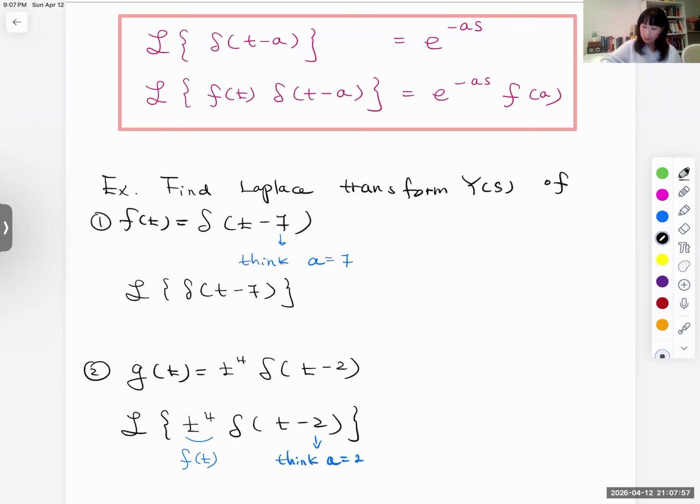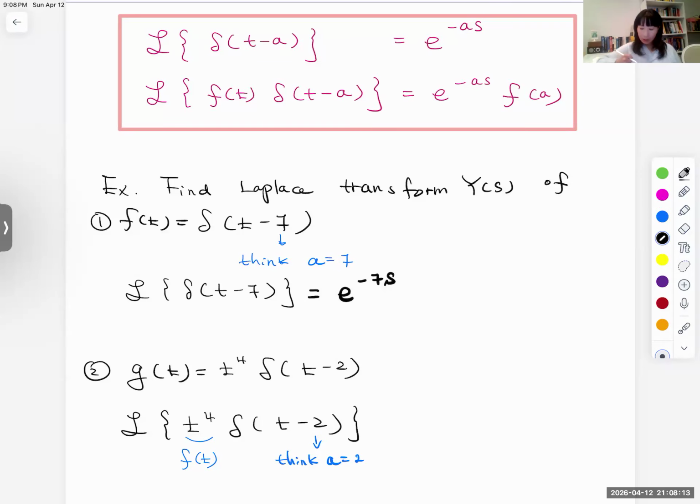So a equals 7, because this is the form. We take the Laplace transform of delta of t minus 7, so with a equal to 7, we can simply write e to the negative 7s. Let me use s here so I don't get confused with the 5.